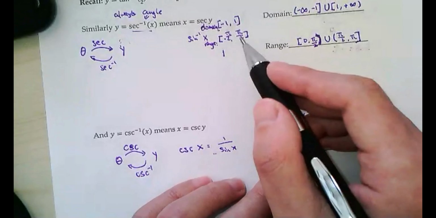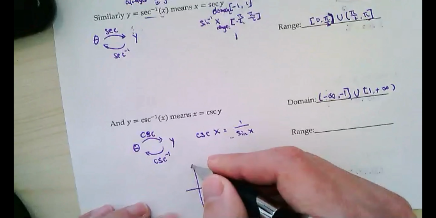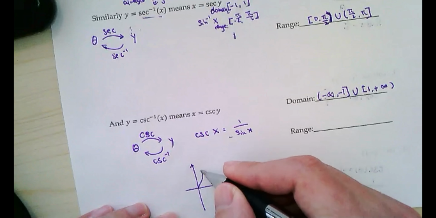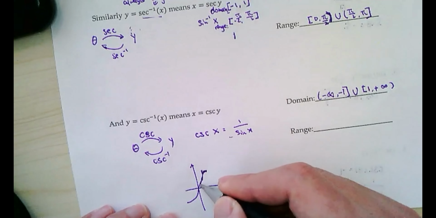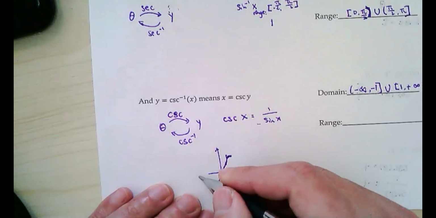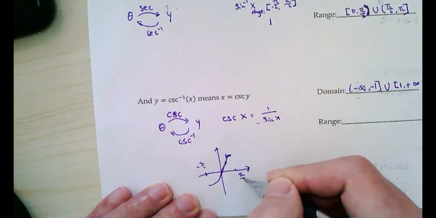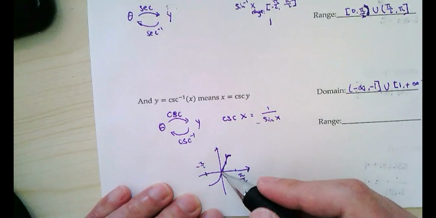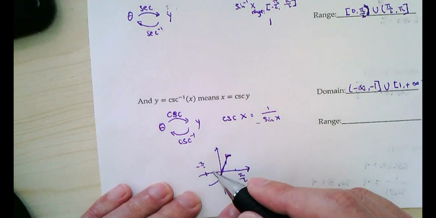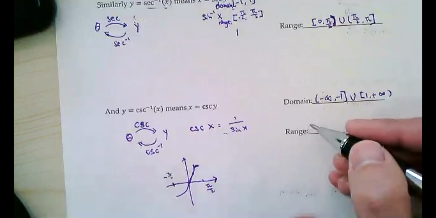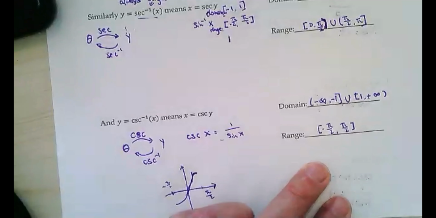Our new range is just where we previously restricted our sine. This is our sine function. Apologize, just a very rough sketch. I know it looks like agony. We restrict from negative pi over 2 to pi over 2, right? So that is 1 to 1. The previous domain now becomes our range. So it's just negative pi over 2 to positive pi over 2. That's it.